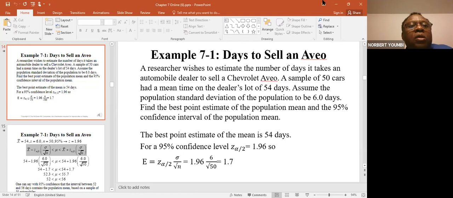That is 1.96 times 6 over square root of 50, which equals 1.7. The margin of error is 1.7. So we will subtract it from the mean and add it to the mean to find the minimum and maximum value of the confidence interval.